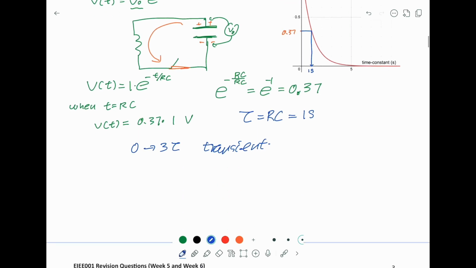But when the time is bigger than 5 RC or 5 tau, we call this steady state. It means it's already pretty much done. Remember, when time is larger than 5 RC, the voltage is less than 1% of the initial voltage.